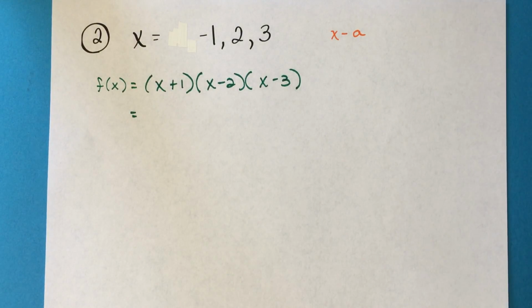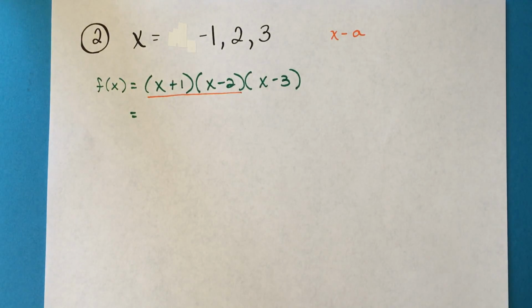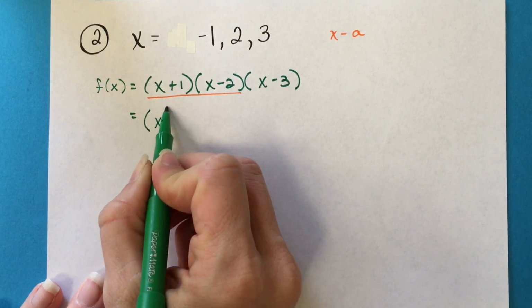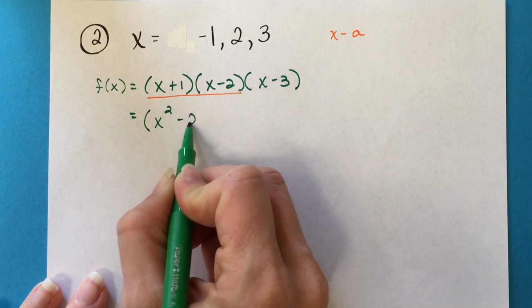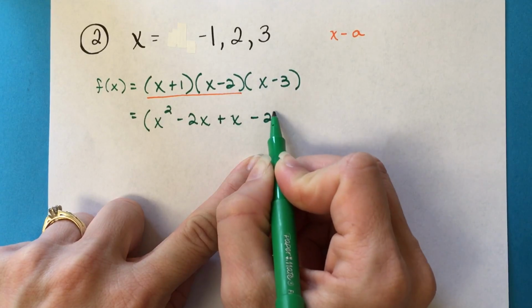Now, this time I don't have just an x sitting out front by itself that I was able to distribute. This time I have 3 sets of parentheses. I'm going to start with the first 2 and FOIL them out. So I'd have x squared minus 2x plus x minus 2.